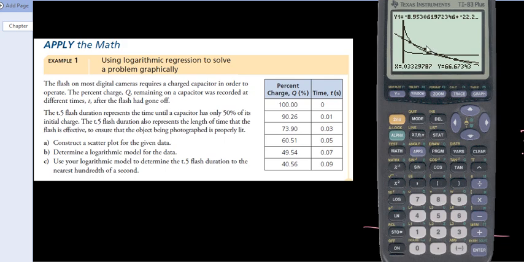Okay? So in order to get that logarithm to actually set up, you're going to have to go into stat, go into enter, and just notice what I did here. I took out that 0, 100, and what you're going to want to do is replace this with something that's not 0 but very, very close.